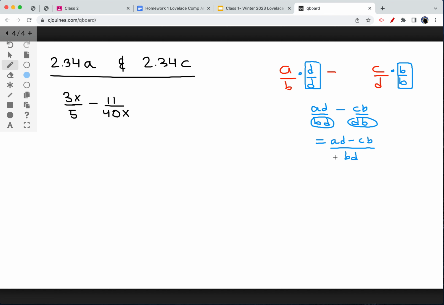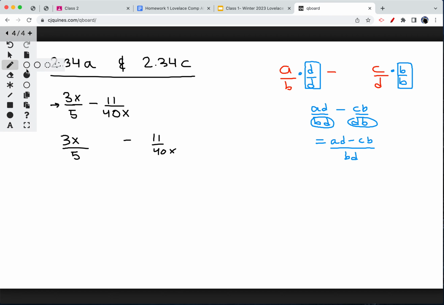And then if you can simplify this fraction, then you would go ahead and simplify it. So this is exactly what we'll do for this problem. And it's basically the same thing, except that this has variables and this traditionally doesn't. So let's just write this as 3x over 5 minus 11 over 40x.